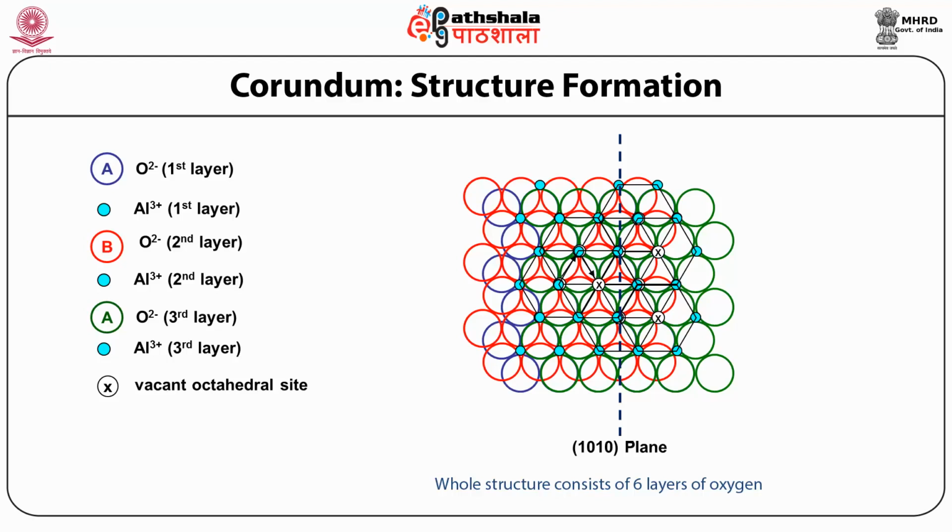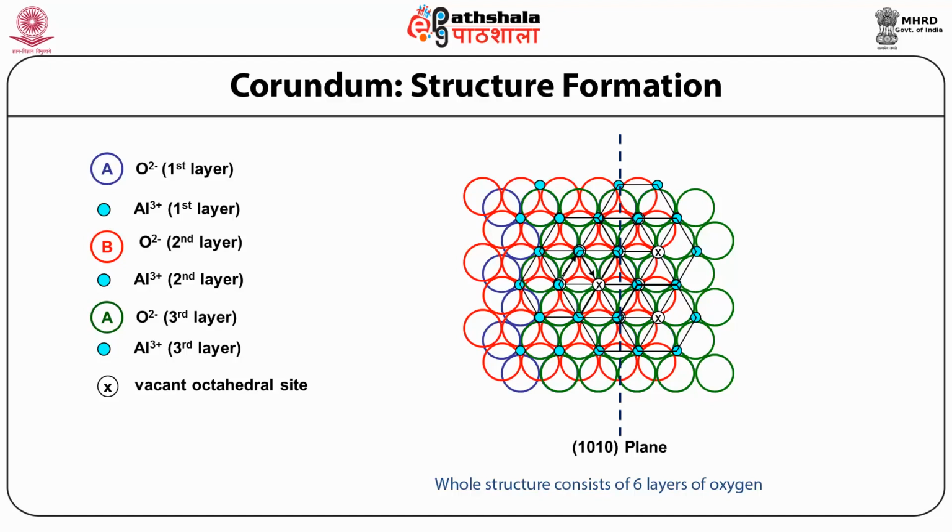After the filling of the second layer, some voids are still present which are covered by the third layer, represented by A in green circle corresponding to O2- and blue color filled small atoms, that is Al3+.